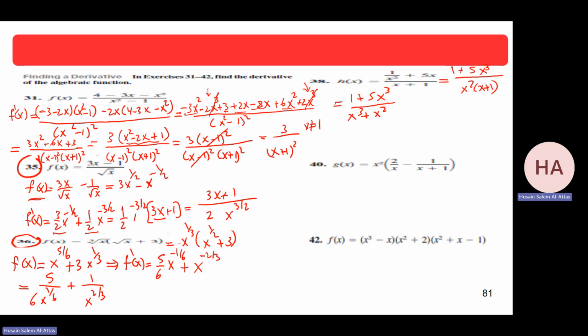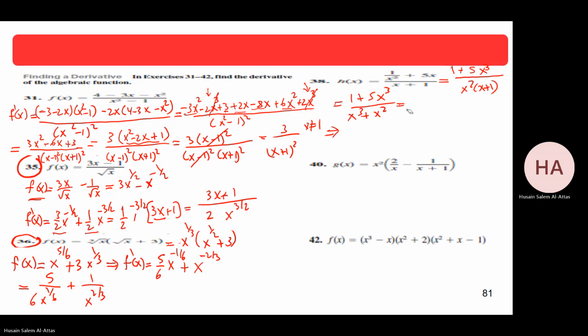Now f prime will be what? Derivative of the numerator, which is 15x squared, with denominator. Let me write it here.